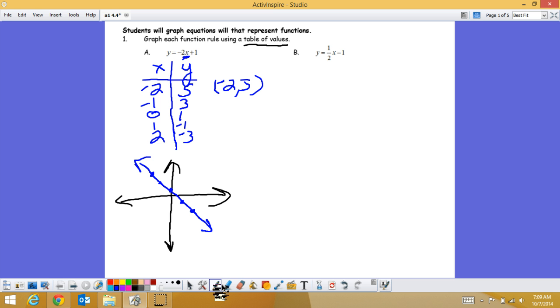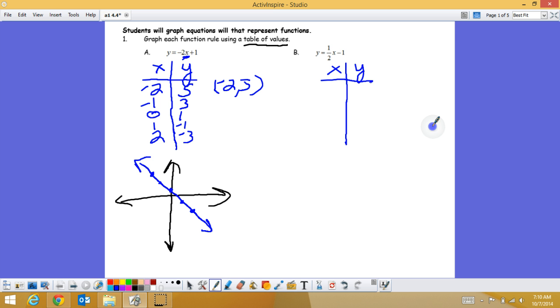So now to set up a table of values for the second one, we will again pick values for x. Now I'm going to pick some values for x that make it relatively easy to work with. Since I'm going to be multiplying these by 1/2, I'm going to pick some even numbers so that I won't end up doing any addition or subtraction with any fractions.